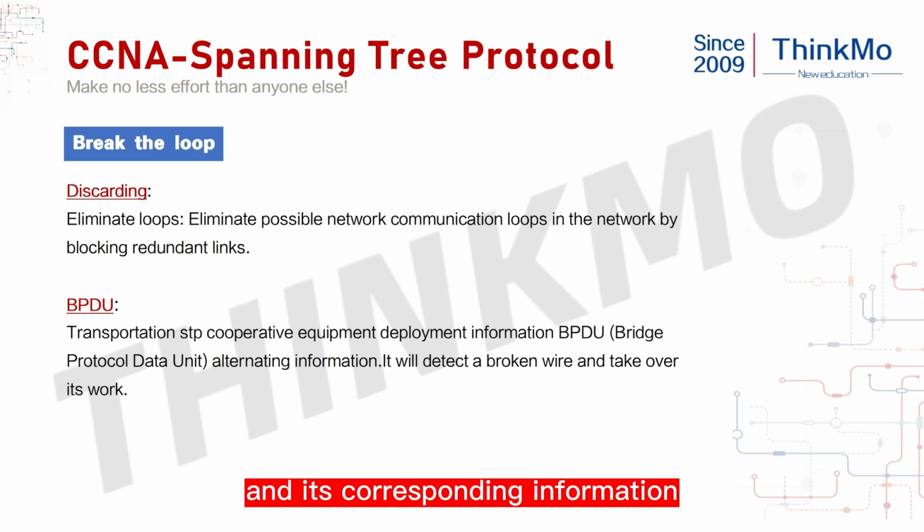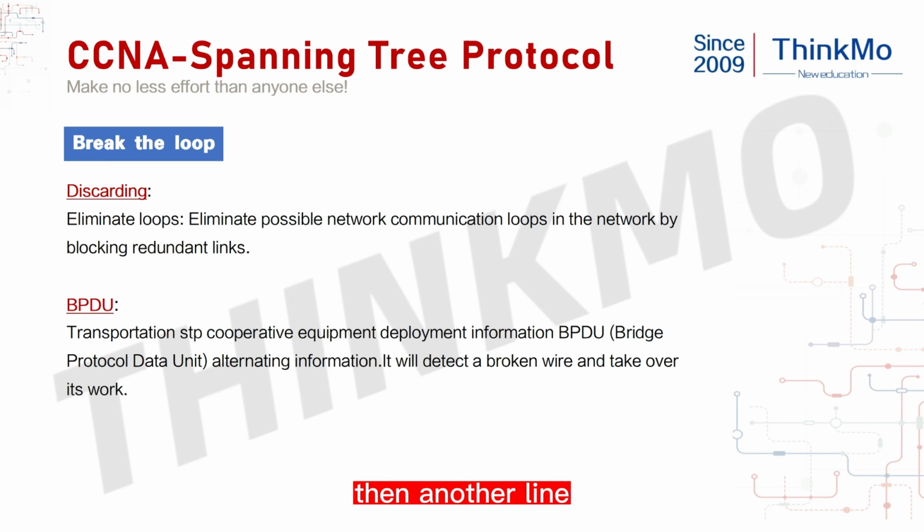For example, if a broken wire is detected, another line will take over the job. This is the STP loop breaking we mentioned. If the main line breaks, the backup line takes over. When the main line is restored, under normal circumstances, it will switch back to work.